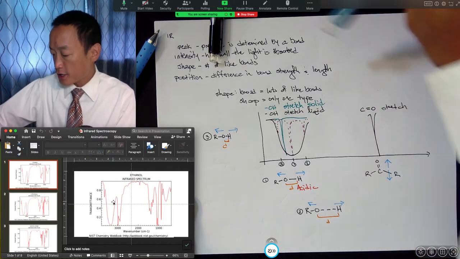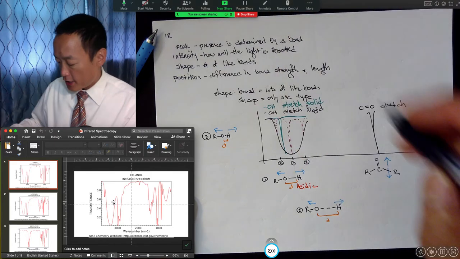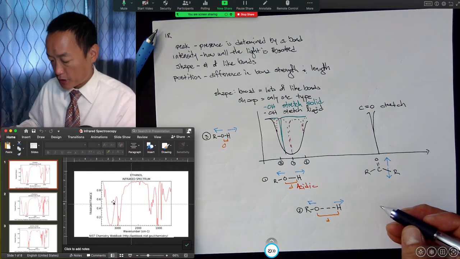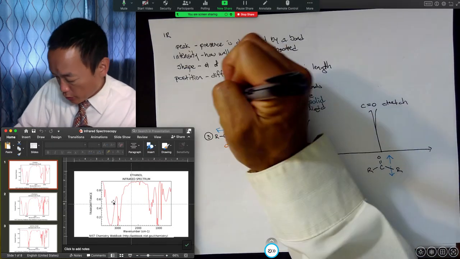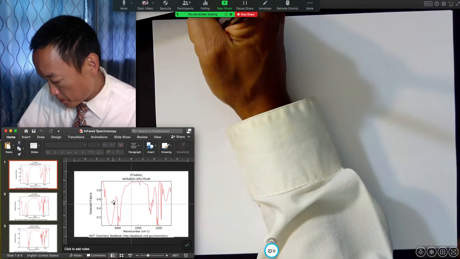The other thing I just want to briefly talk about before we get into mass spectrometry is the position. So we did just a little bit more on shape. Let's talk a little bit more on position.